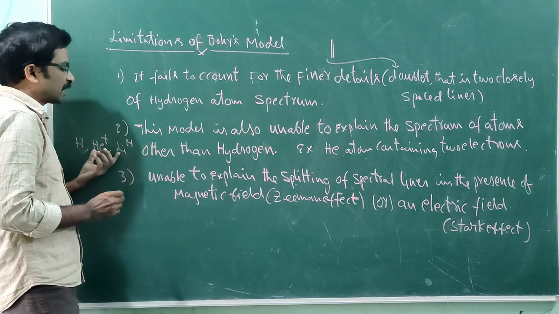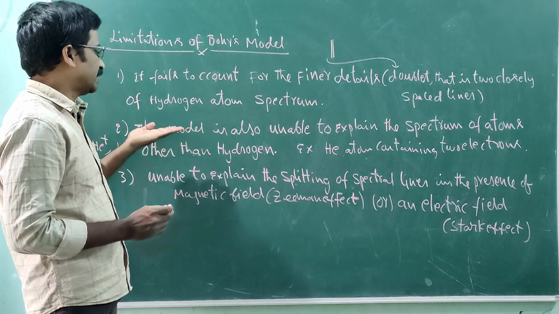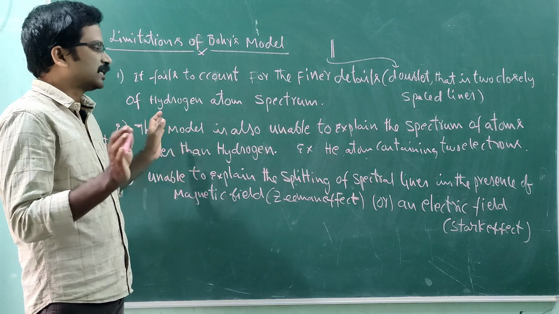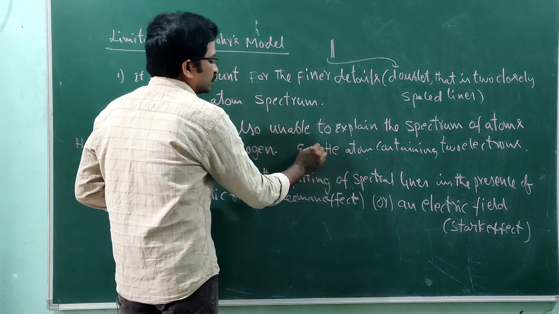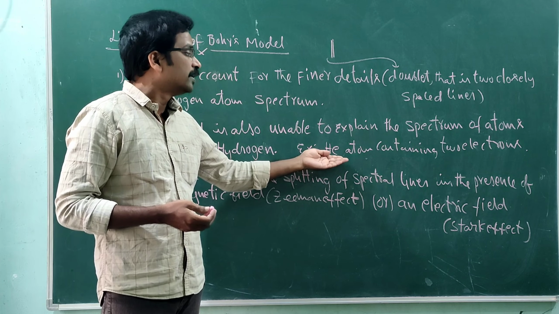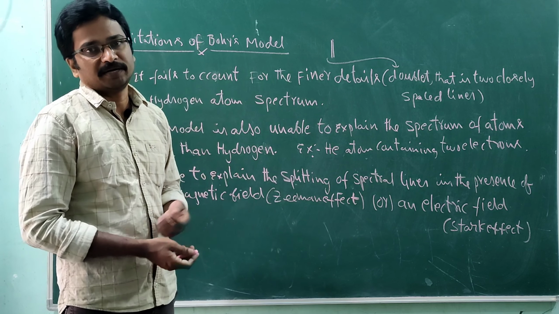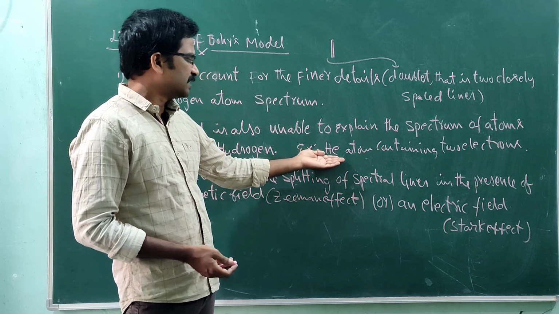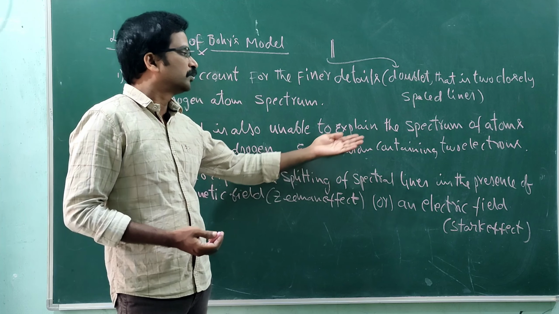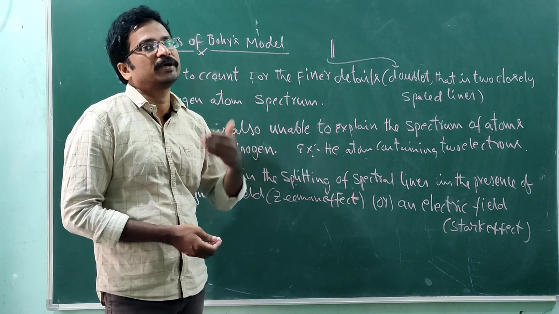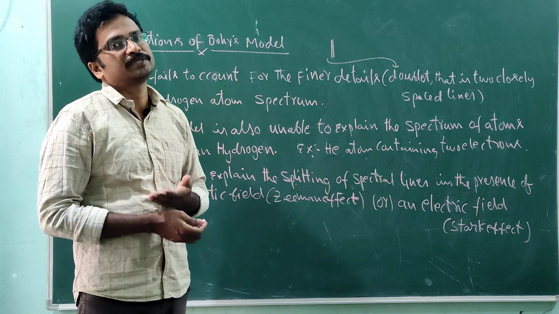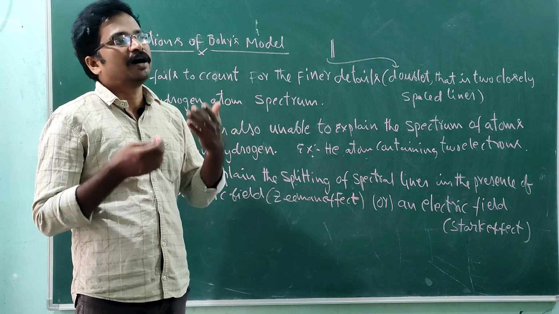It can explain the spectra of one-electron species only. It cannot explain the spectrum of a helium atom or lithium atom, because they contain more than one electron. Helium contains 2 electrons, like that.